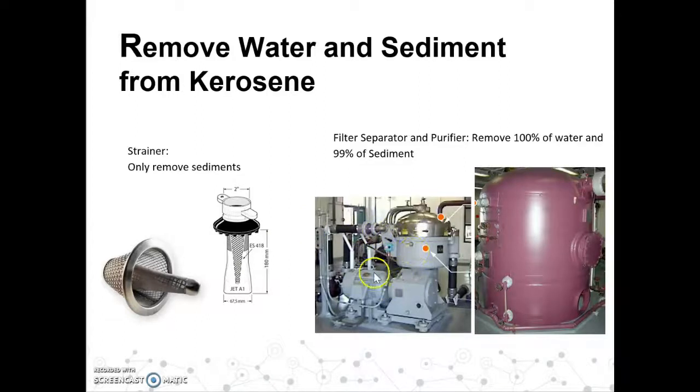This machine is called a purifier, and this machine is called a filter separator. They can both remove 100% of the water and 99% of the sediment. But these two machines are usually used by big companies. It's not for personal use.